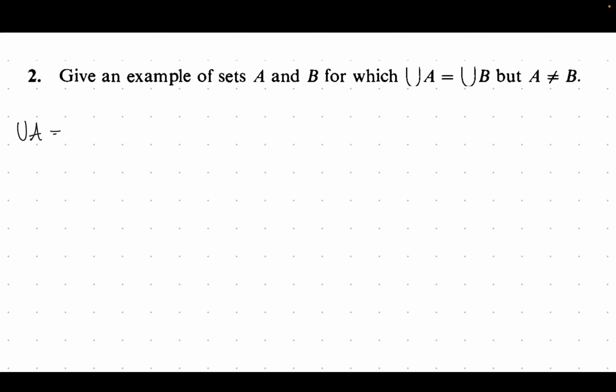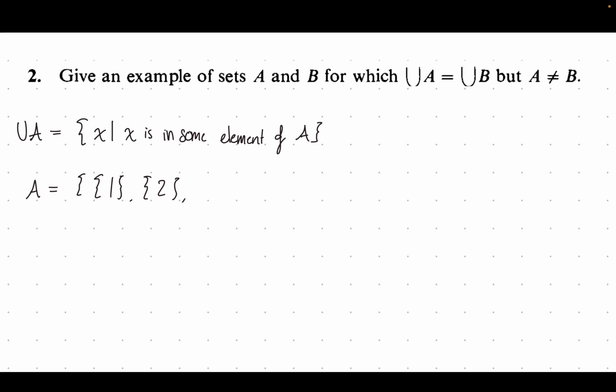acts on a set. So recall that UA, or the union of A, is defined as the set of x such that x is in some element of A. So if A is equal to something like {1}, {2}, {3}, then UA is equal to, well, any element that is inside some element of A. So 1 is inside an element of A, 1 is inside this bigger element, 2 is inside this bigger element, and 3 is inside this bigger element, right?